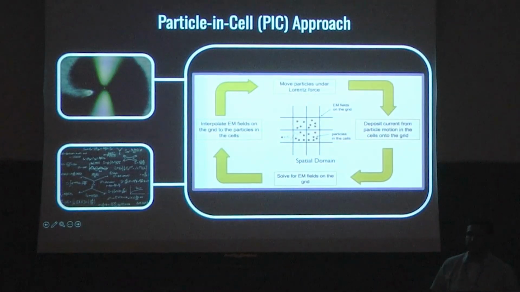Specifically, the type of simulations that I have run are what are known as particle-in-cell simulations. For particle-in-cell simulations, you can imagine you have graph paper, and that graph paper has a grid that goes all through the paper.